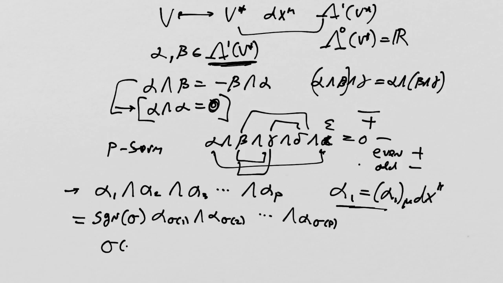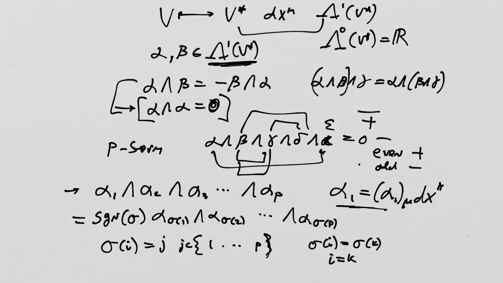Sigma of some integer i equals some integer j, where j is an element of 1 through p. And you're not expecting sigma i to equal sigma k unless i equals k. So it's going to be unique for each integer, and you're just basically reshuffling these indices, permuting them in some way.